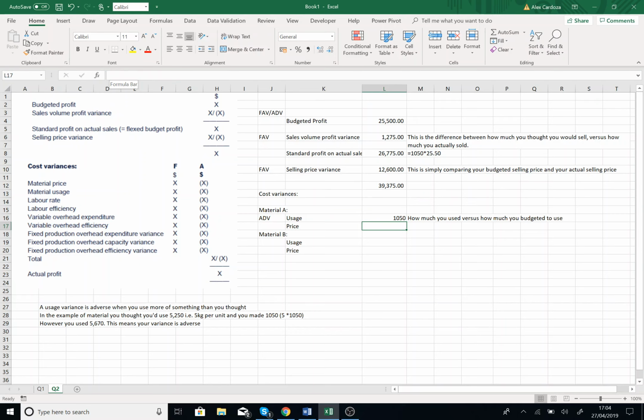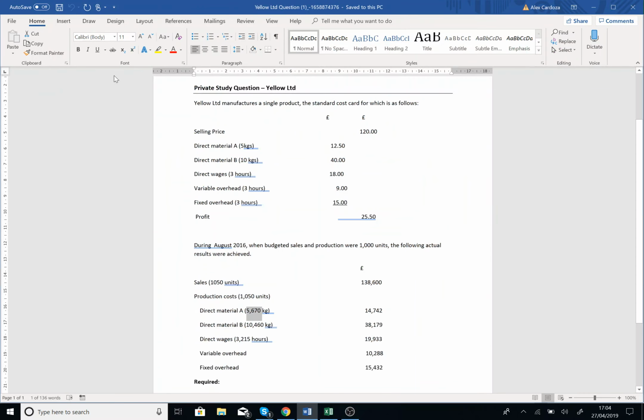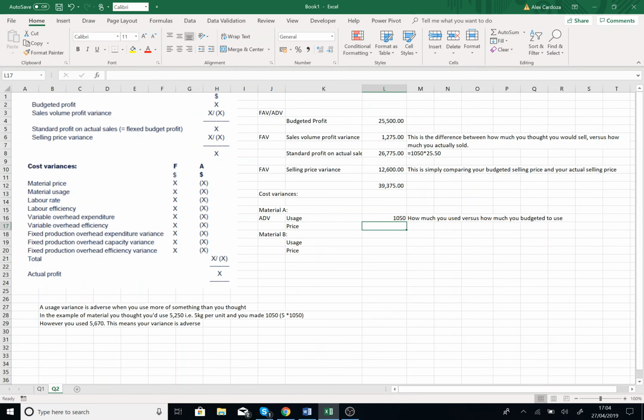So now we're just going to do the price variance, okay? Your price variance will be how much you thought you would spend per kilo versus how much you actually spent. We know you thought you would spend 12.5 divided by 5, which is 2.5, right?